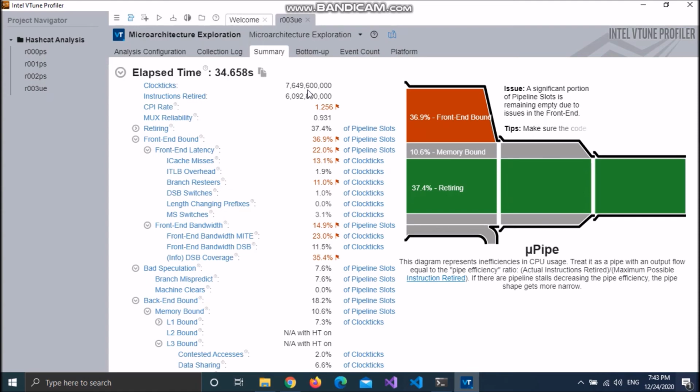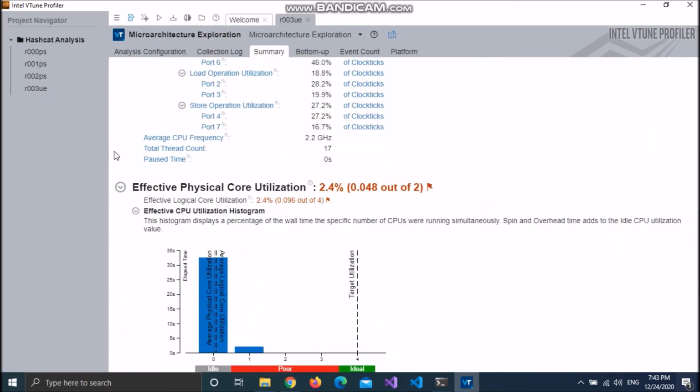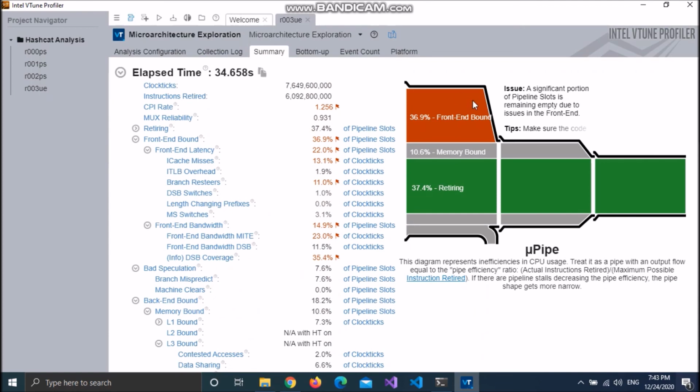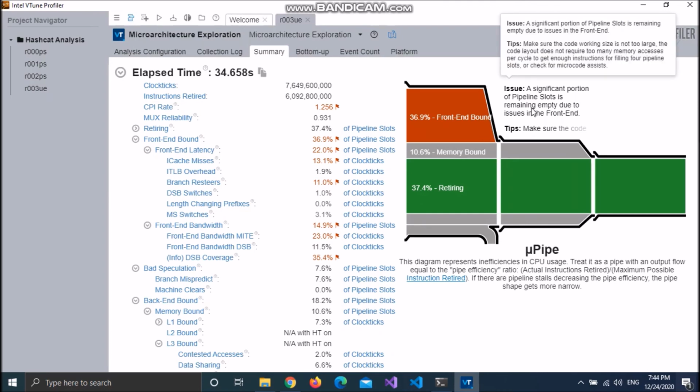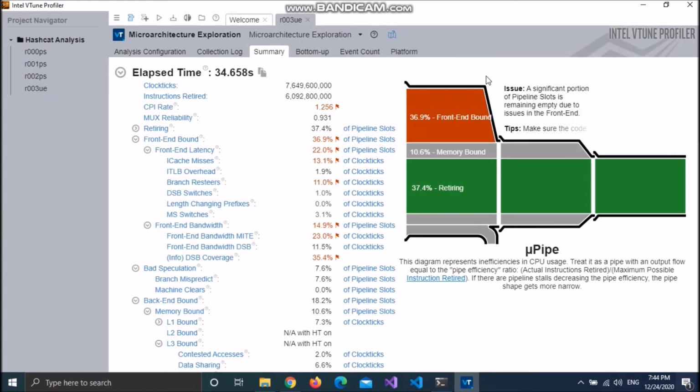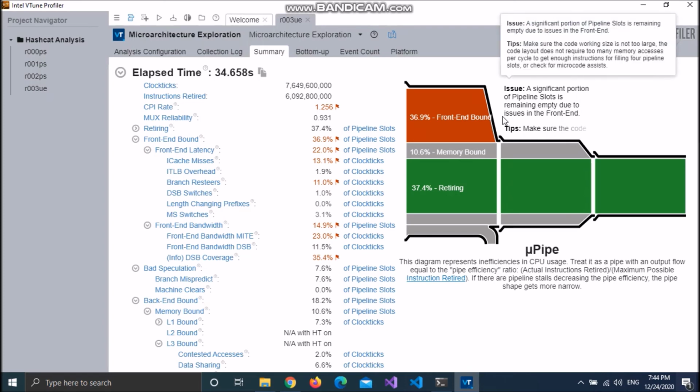Finally, I want to talk about the statistics that were produced by the Intel VTune profiler. Now, these are Hashcat's execution analysis. So basically, this is a very detailed summary of the run, and there is some graphical representation, and some of the issues, just as it says here, were recorded and reported.